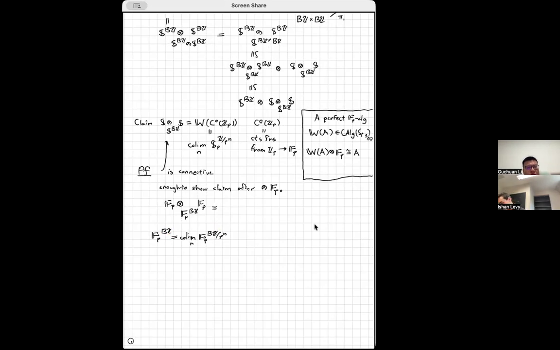Okay, so that tells you that you can write this as the colimit over n of F_p tensored over F_p to the B(Z mod p to the n) of F_p. But now because this has finite p homotopy groups, the Eilenberg-Moore spectral sequence converges.